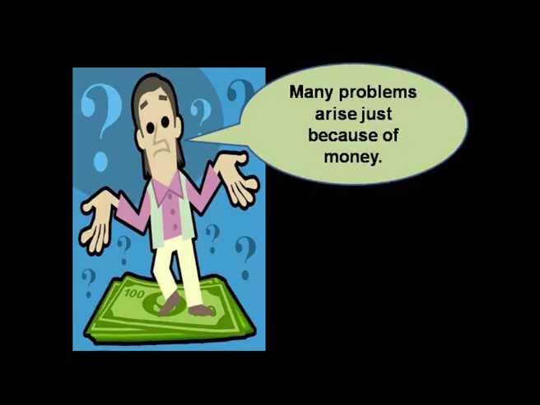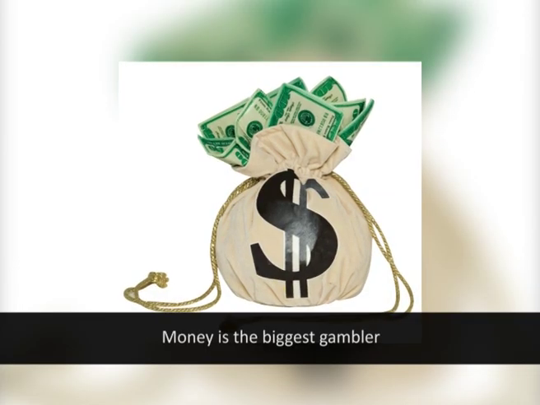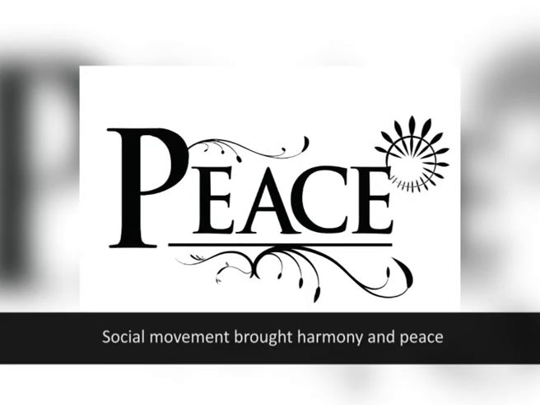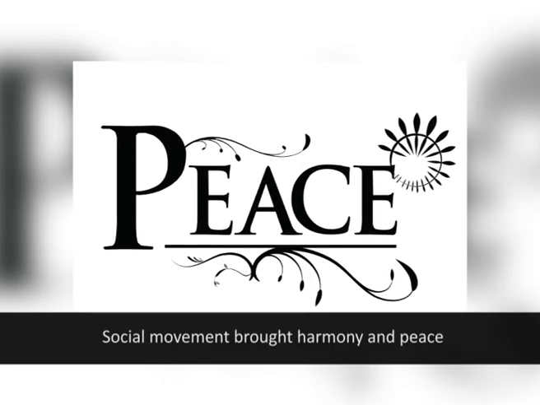Money is a power which converted into fights, terrorism, loots and crime. All the other problems arise just because of money. Money is the biggest gambler which gambles the world onto it. Social movement not only brought harmony and peace, but along with that there are other problems related to monetary funds.